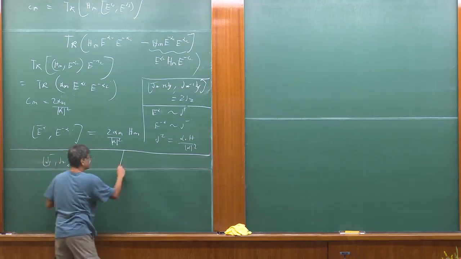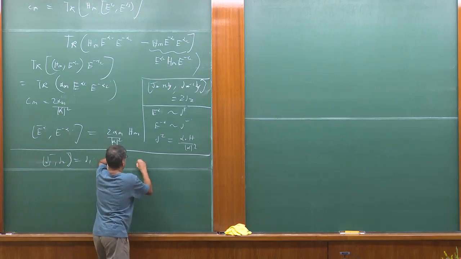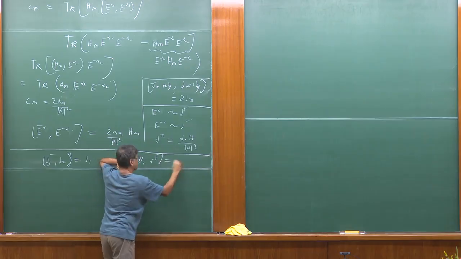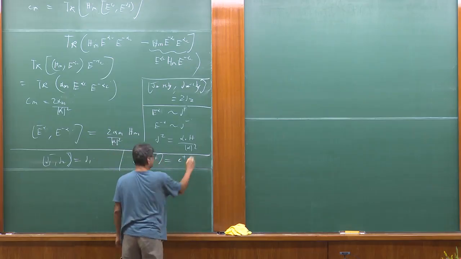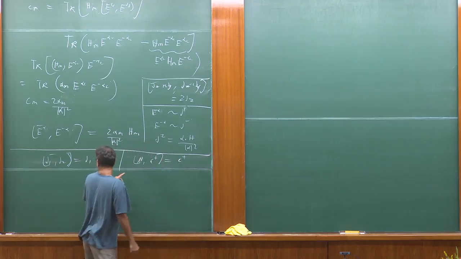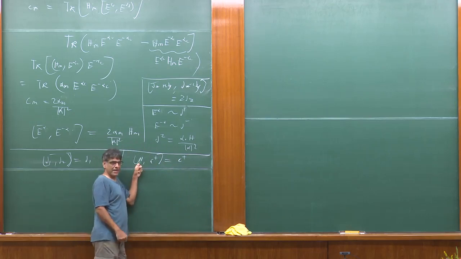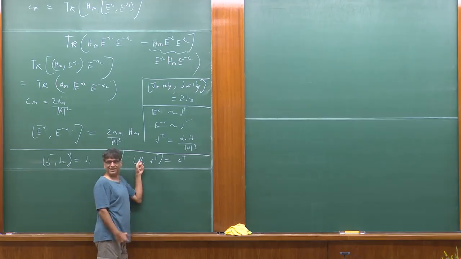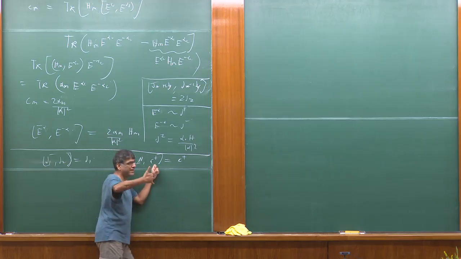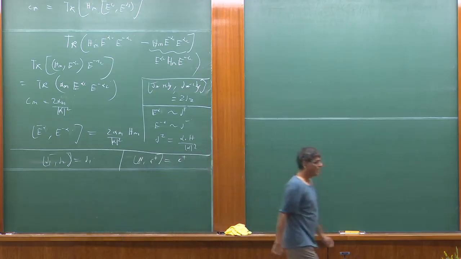Suppose you had a number operator n and a dagger, with the commutator equal to a dagger. In that case, the hermiticity was that n dagger is n, and a dagger went to a.